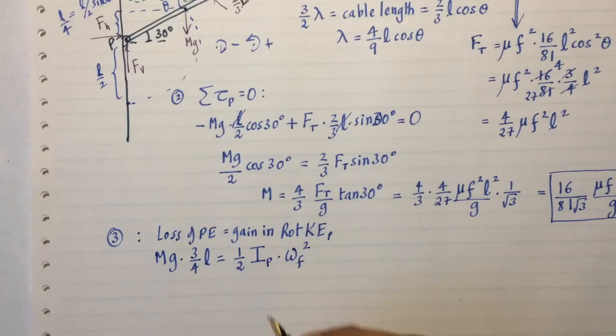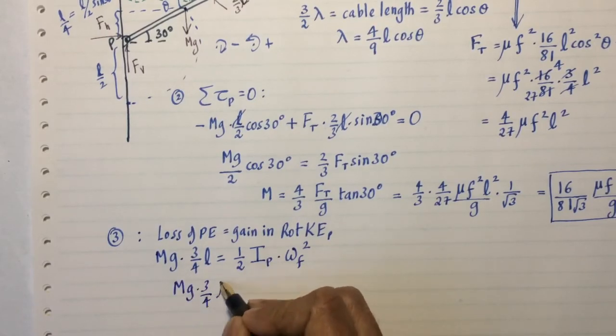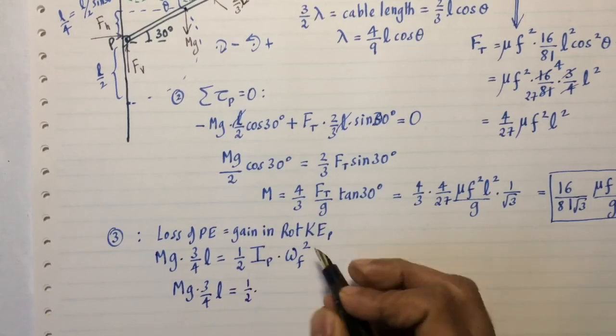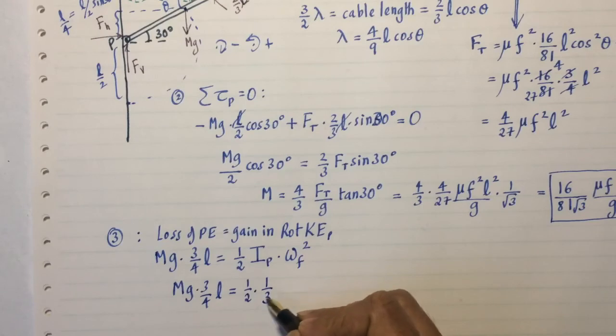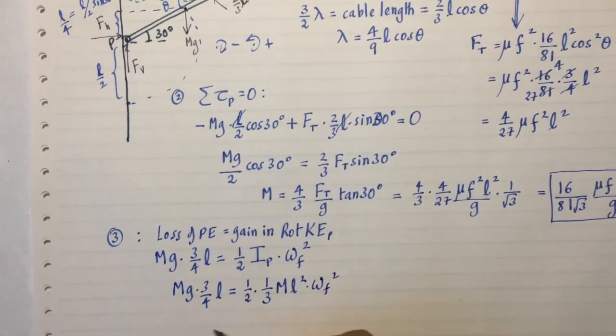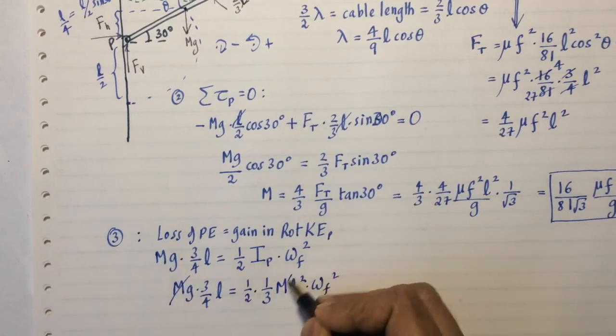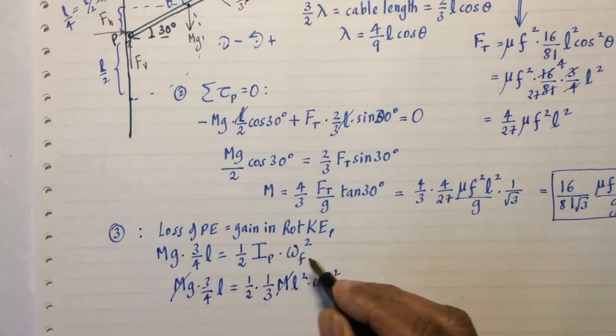We are done. I just have to put some values here. The moment of inertia of a rod pivoted about one end is found in your table of moment of inertia. It's 1/3 m L squared times omega f squared. The mass cancels out. How nice. So this part is kind of independent of the previous part.